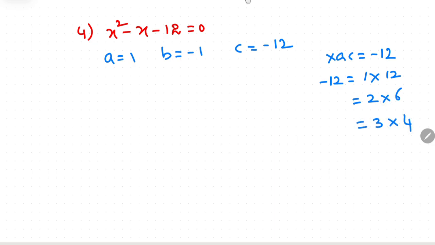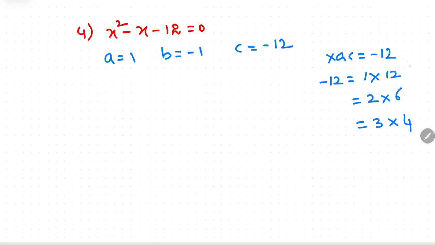Now here coming to the sign. On multiplication we are getting negative, which means either 1 may be negative or 12 may be negative. Similarly either 2 or 6, either 3 or 4.